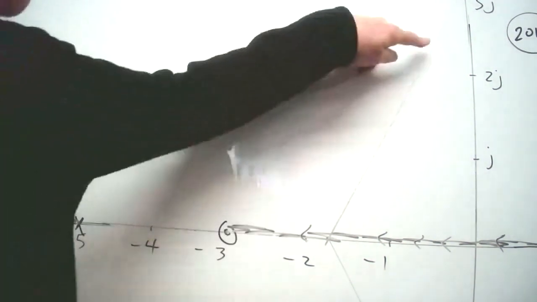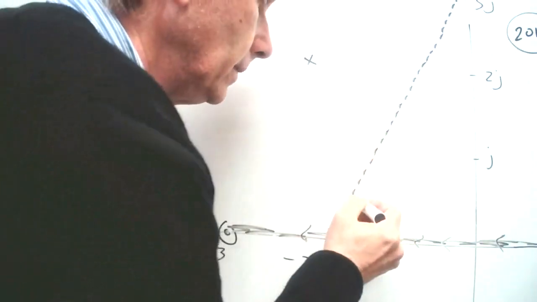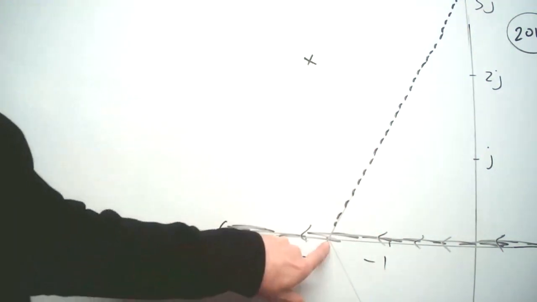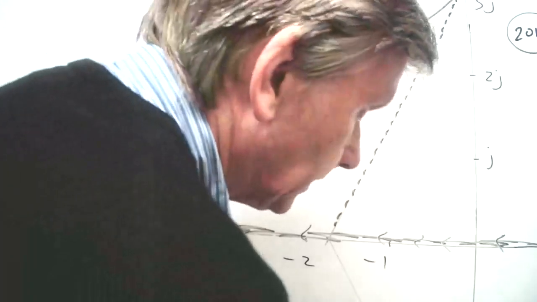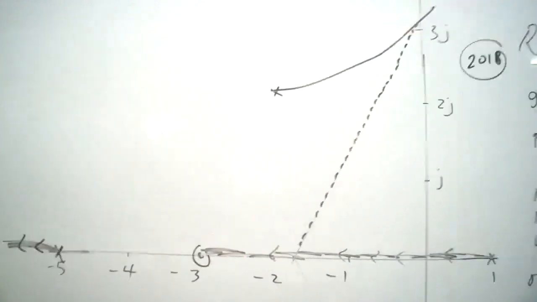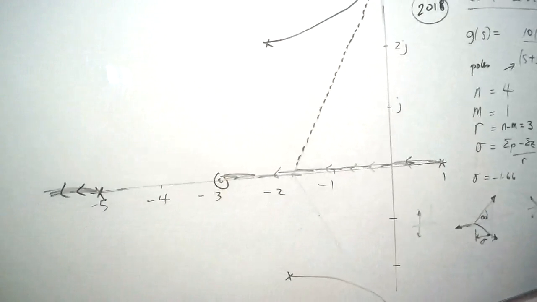Now this one has to go towards this line here that I drew, and you can't see it very well because my pen wasn't very good. That's the infinite zero there. That's that minus 1.66. So this one's going to approach this. So it's going to go like that, and the other one's going to go like that. And then that's my root loci plot in total.